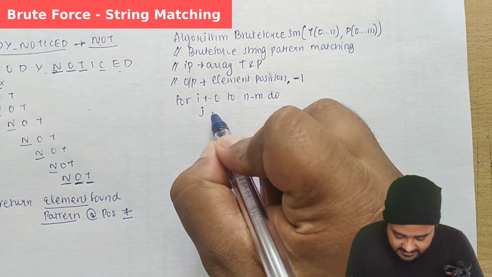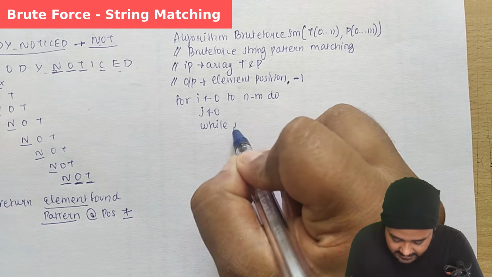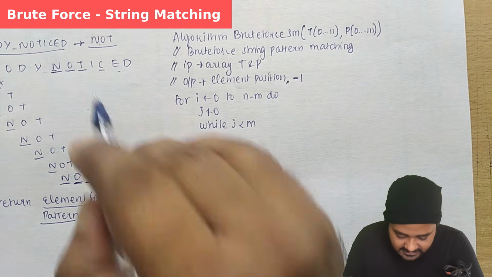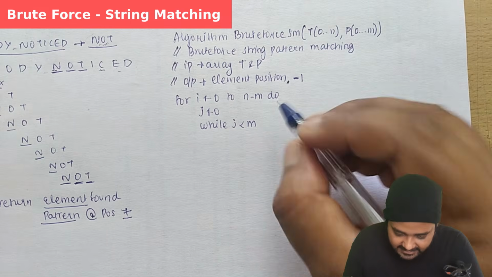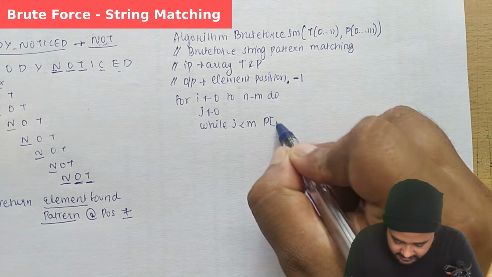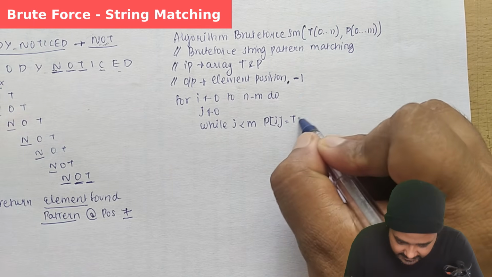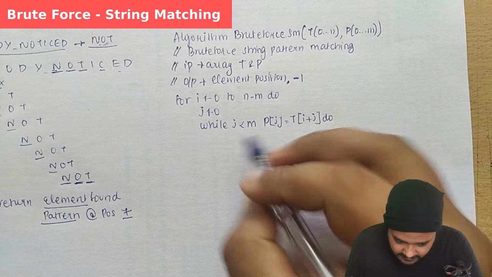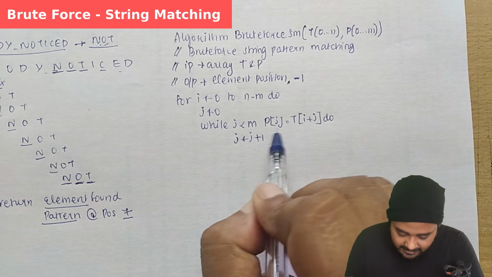Then I set j equals to 0, and while j is less than m, this is the iteration for the element to be found. If P of j is equal to T of i plus j, then j equals j plus 1. So we keep on incrementing if it matches.